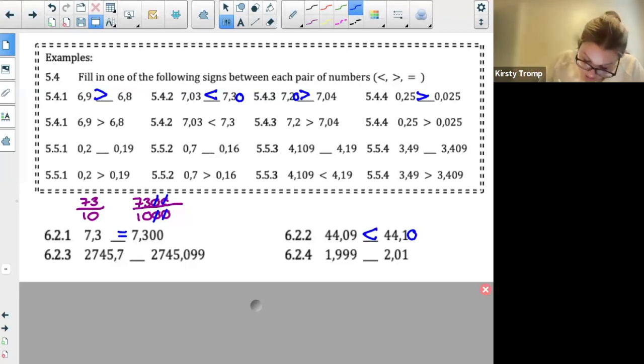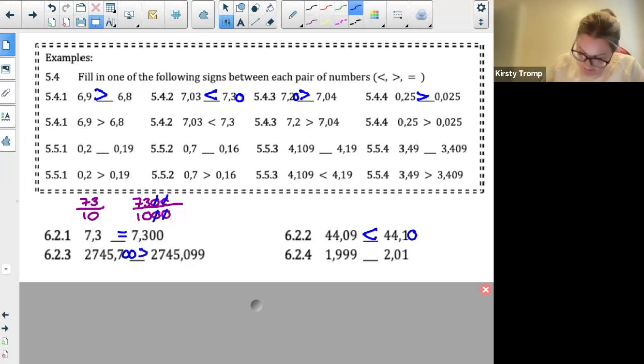So what do I need to do here? I need to bring in 2 more decimal places. Now, 2745, 2745. Can I ignore those for now, guys? I can. And I can say to myself, which bit number is bigger? 700 or 099? It's going to be 700.